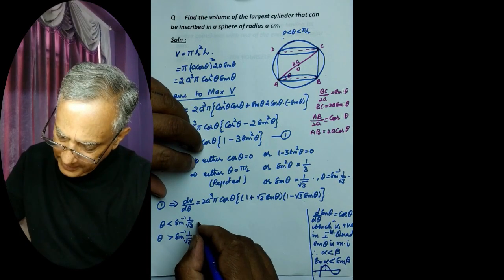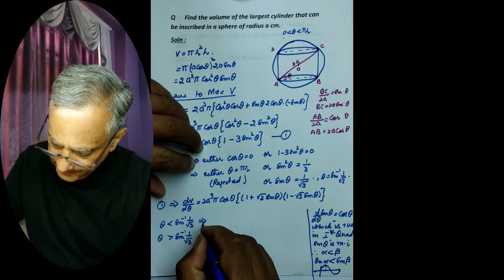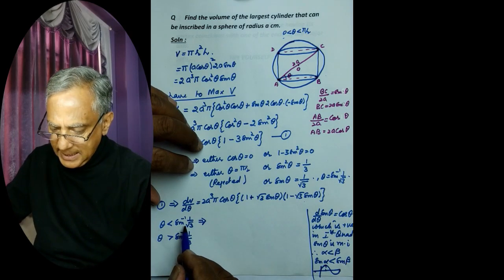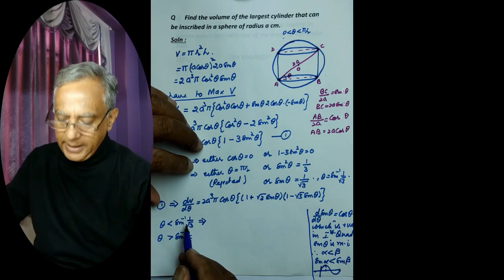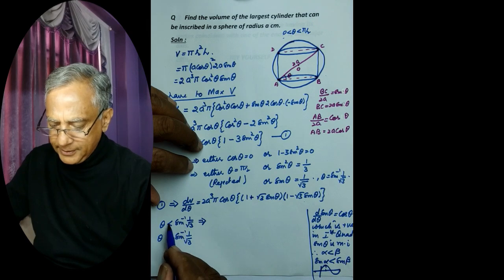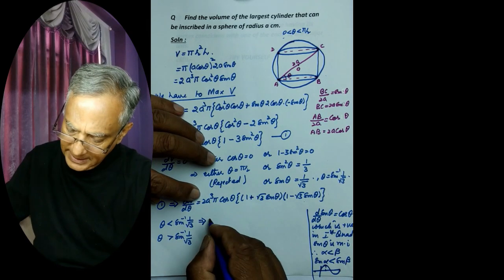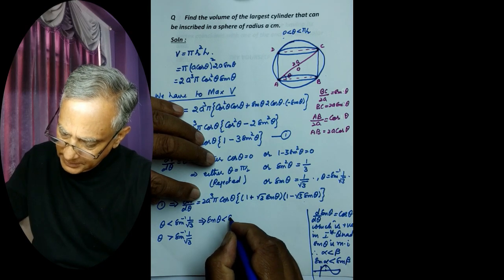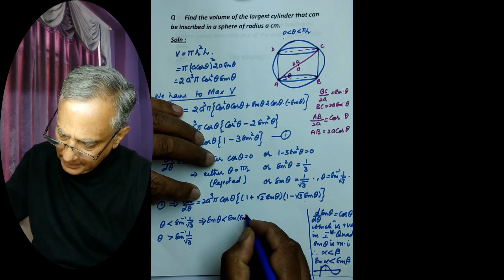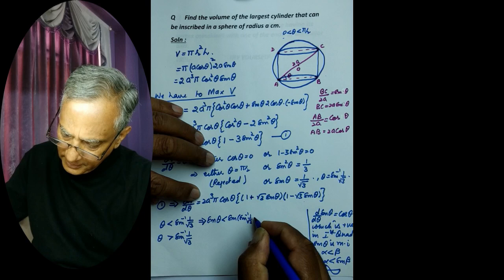And therefore, theta less than sine inverse 1 by root 3 will imply that, if I take sine of both sides, this trend will be maintained. That is, sine theta will be less than sine of sine inverse 1 by root 3.